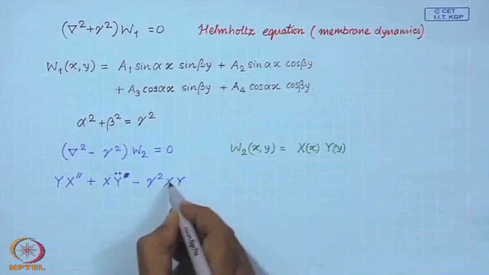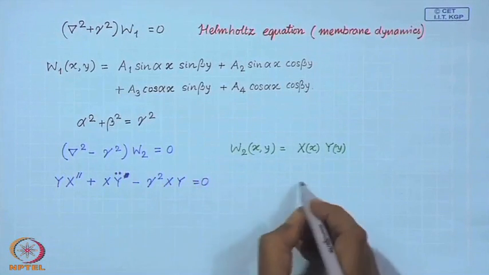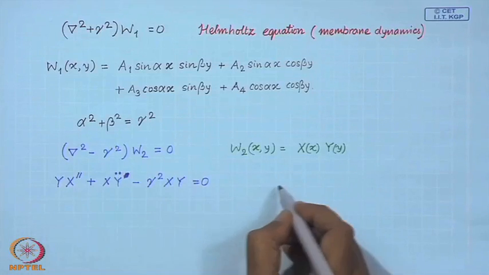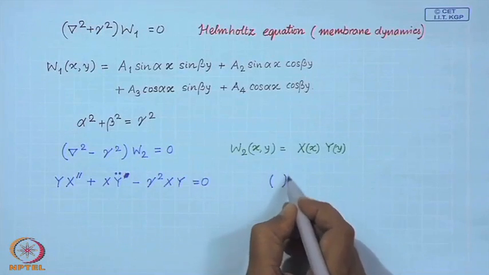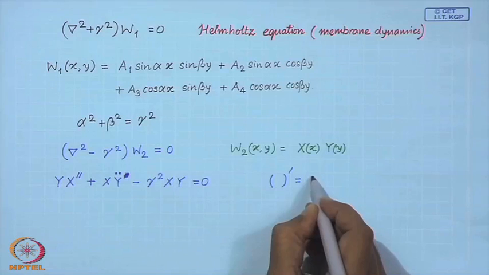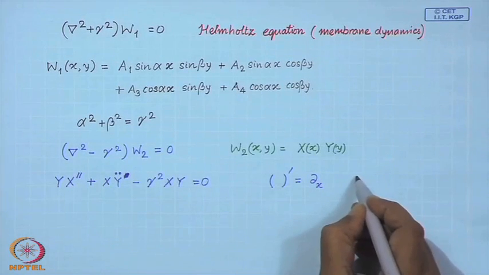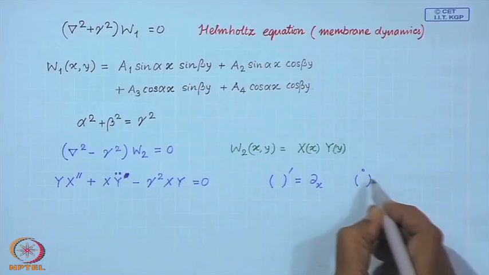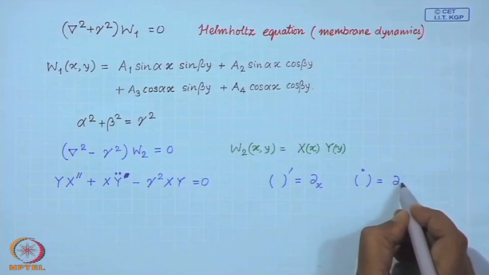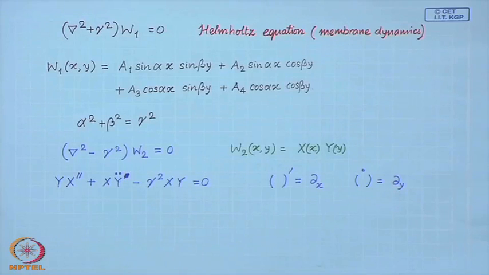So, what I have used is this: del x or d/dx, and dot indicates d/dy.